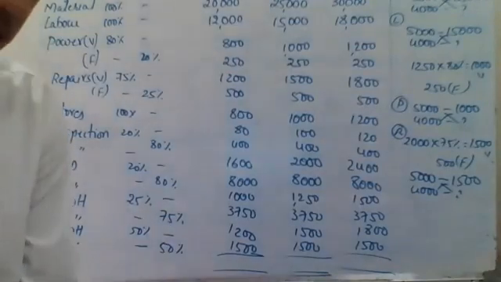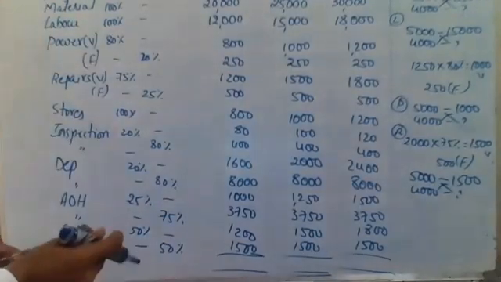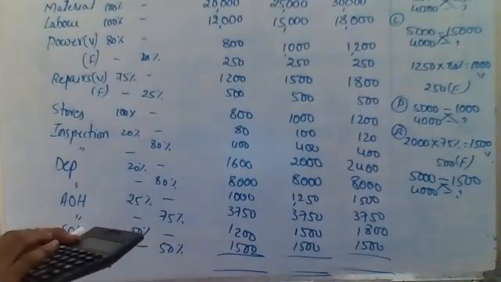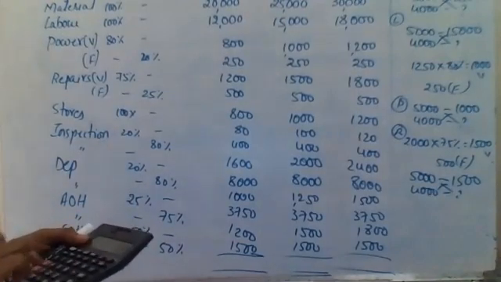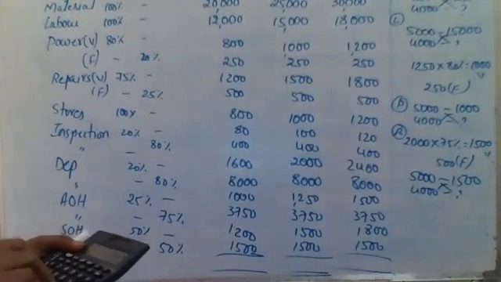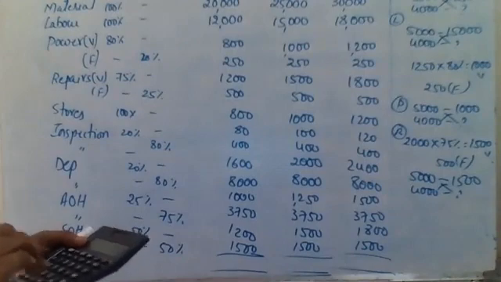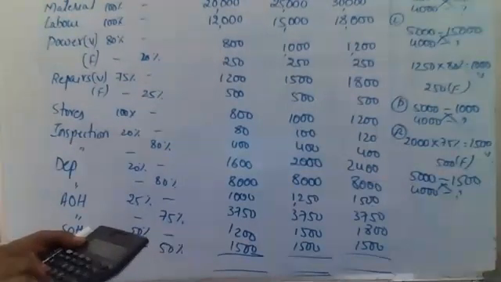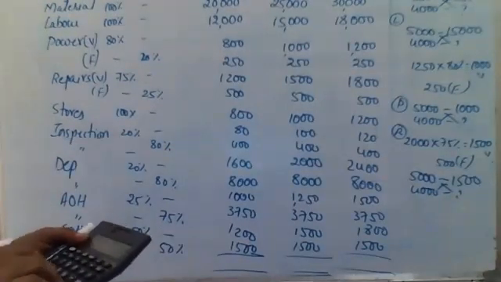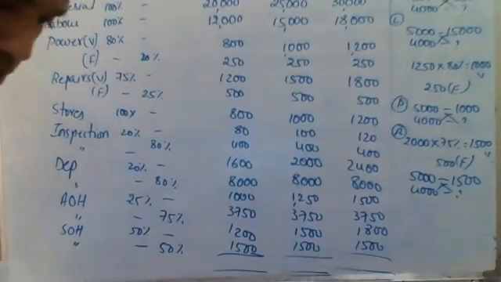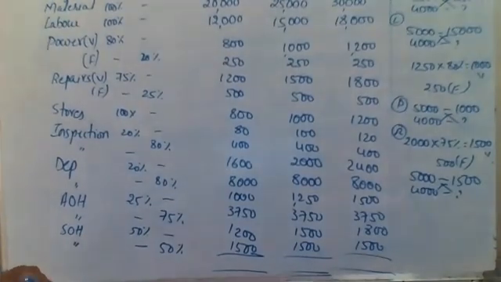Let me just check these totals. This is 20,000 plus 12,000, 800, 250, 1,200, 500, 800, 1,600, 8,000, 1,000, 750, 1,200. This comes to 53,050.